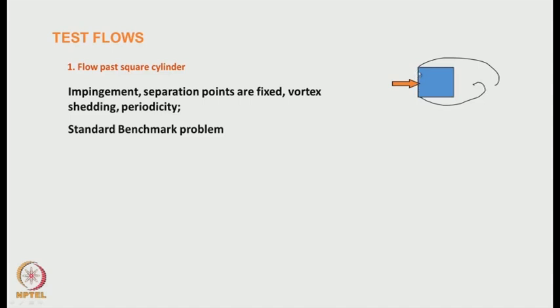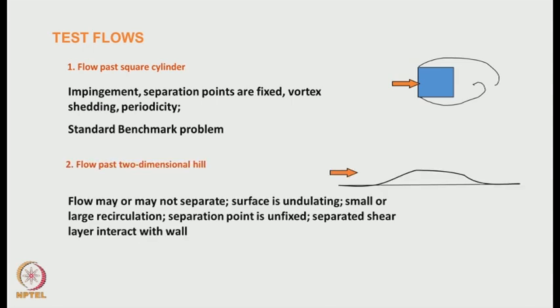We have already seen in a square cylinder the separation points are fixed and there is a shear layer separation and vortex shedding happens. There is a periodicity associated with the shedding and the frequency of that vortex shedding is also important.